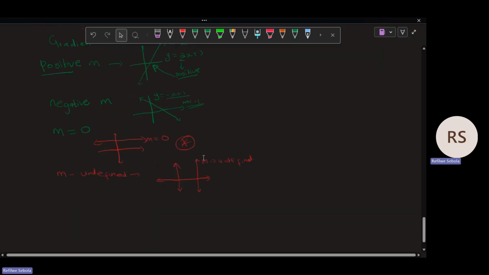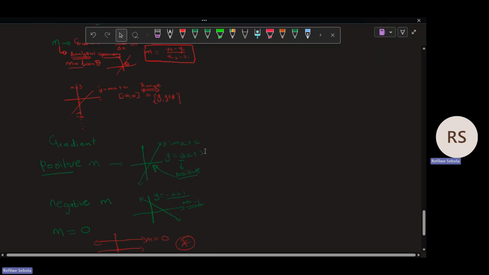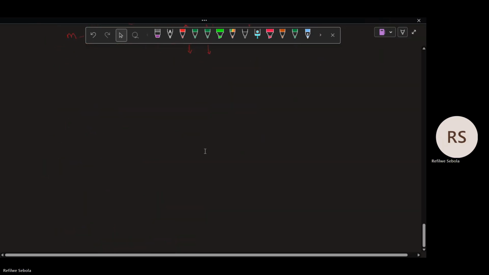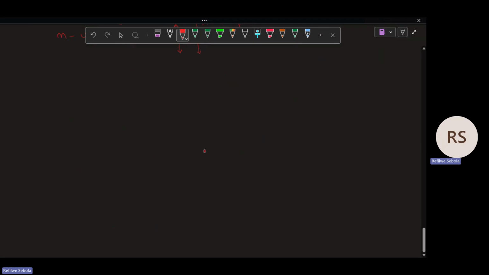Another thing that we can tackle is other ways to get our equation, or to write our straight line equation.